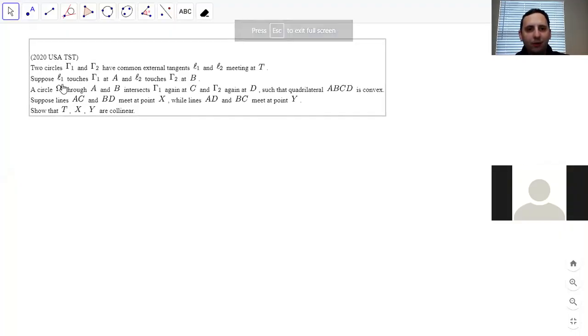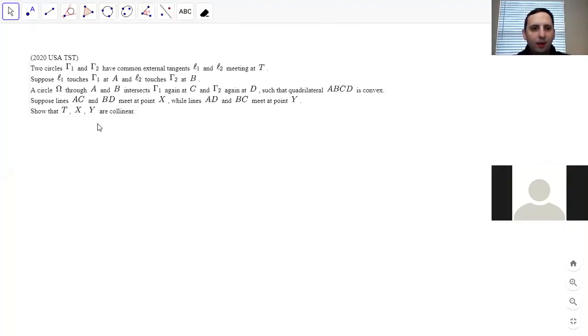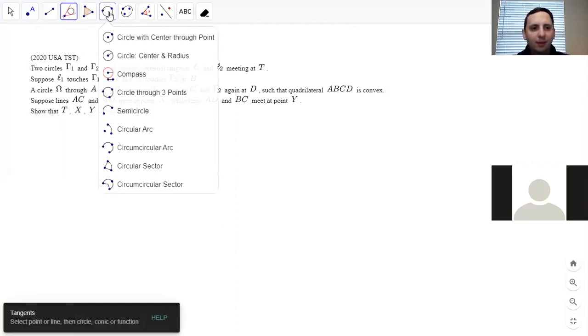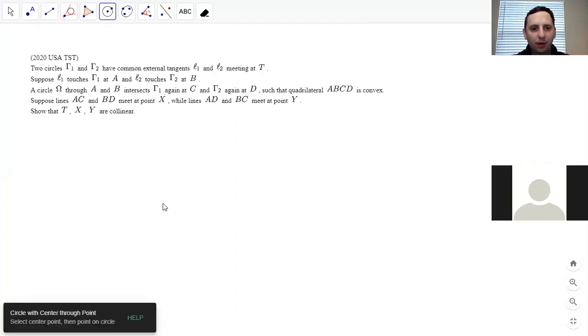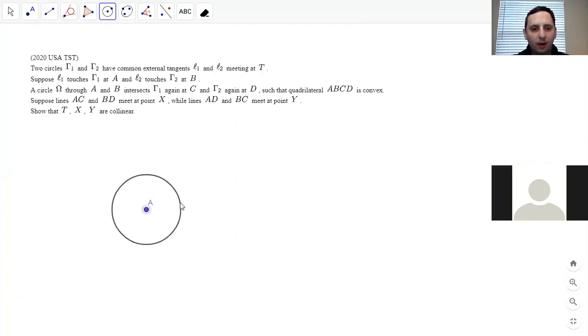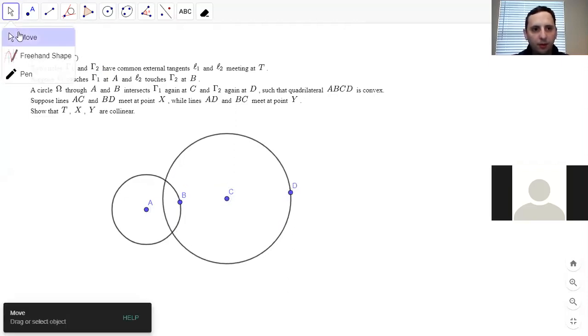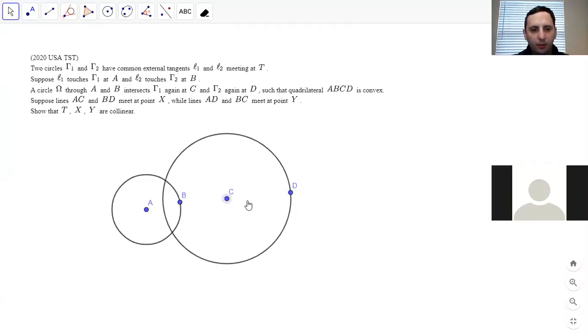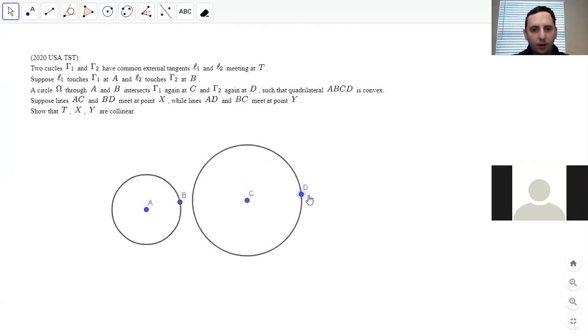All right, so here's the first question. It's 2 circles and their common tangents. I kind of like problems like these because I feel like we don't do that many of them. So we have 2 circles. I'll try to make them not overlap, although I don't think it really matters.